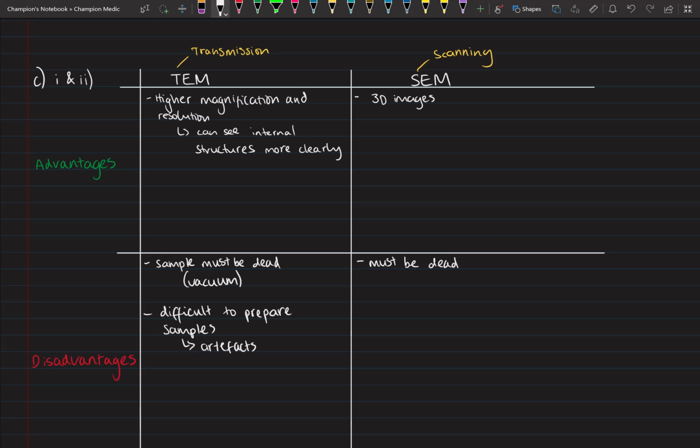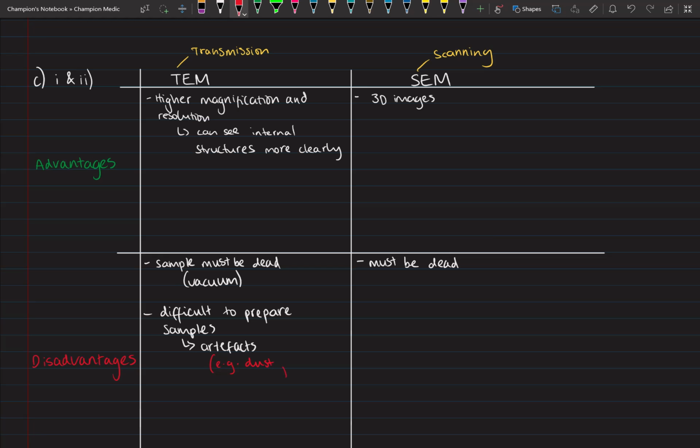When you view the image at the end, it's just a blur or something that isn't present in the actual sample, but it occurs in the image because it's difficult to prepare, and that's known as an artifact. So, for example, dust particles that may get into the sample during the preparation process.